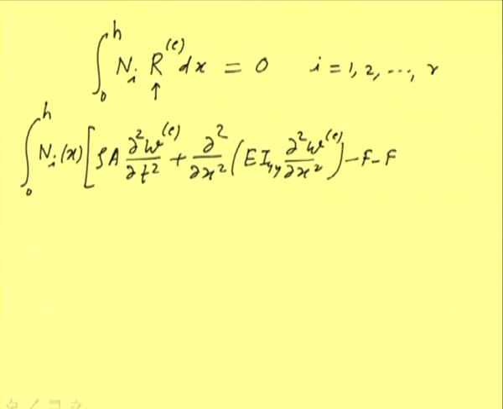In this I am giving all the steps, intermediate steps, so that all the steps are clear, is equal to 0.